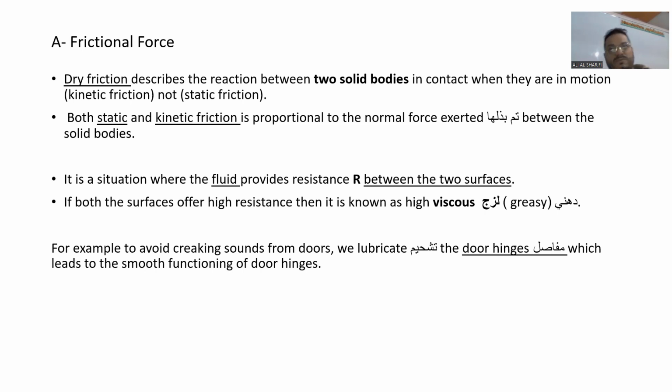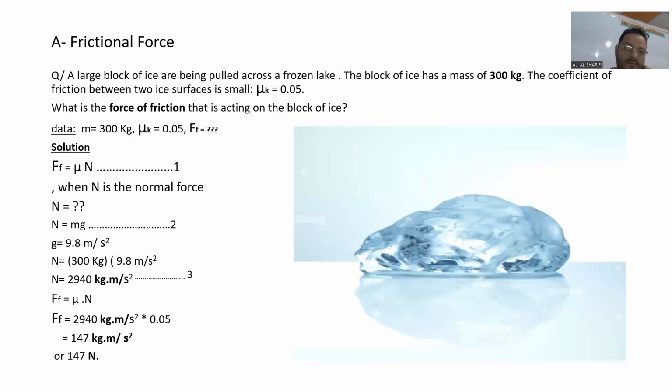What does that mean? That means the bad noise will disappear. Why? Because we use a greasy thing. By that, the frictional force noise disappears. Why? Because we don't have frictional force, or the frictional force is decreased.